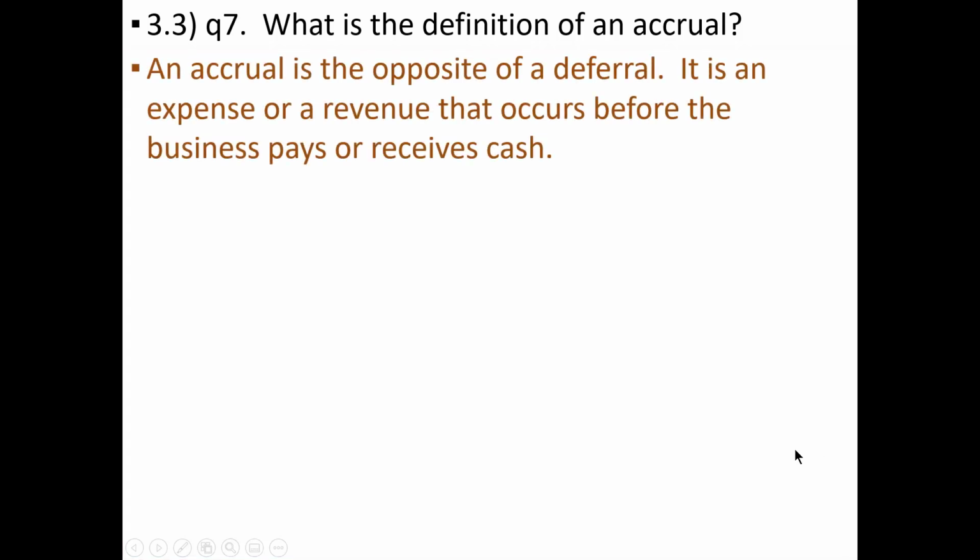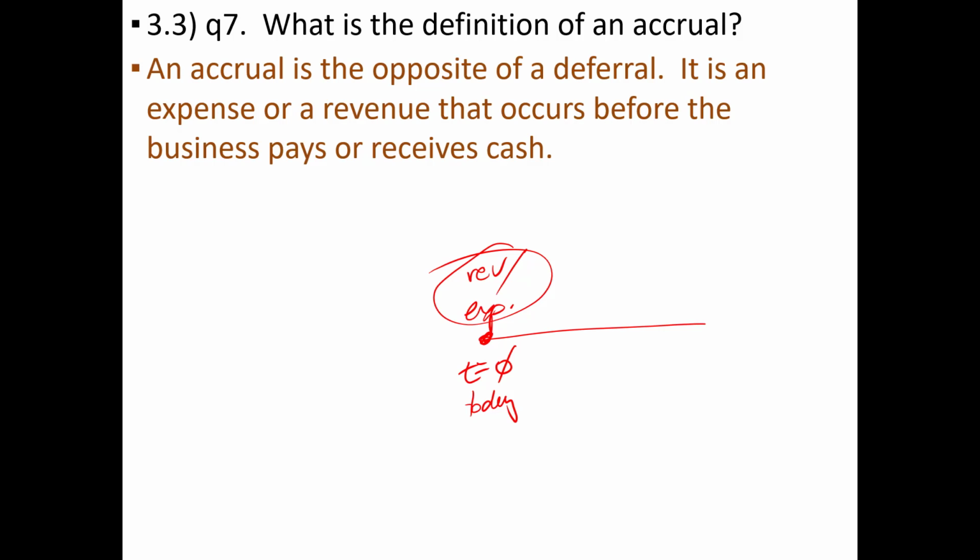What's an accrual? The idea of an accrual is to bring forward any type of recognized revenue or expense right now. So revenue or expense, right? We're going to go ahead and say now, instead of saying this is T1, let's assume this is T equals 0. This is today. We need to recognize a revenue or expense today because those things have happened to us. But sometime in the future, we will have to get those settled out in cash. That's the future, right? Cash moves.